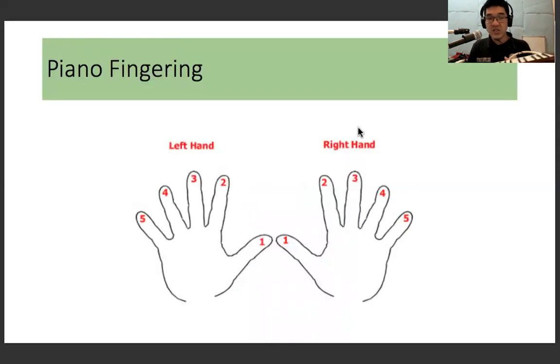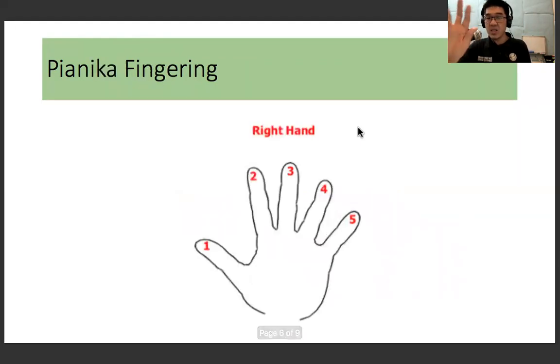All right, for the piano fingering, we are using both of our hands, but in pianica, we only use the right hand. Remember, in pianica, we only use your right hand. The number of your right hand is: your thumb is finger 1, index finger is finger 2, middle finger is finger 3, ring finger is your fourth finger, and pinky is your fifth finger.